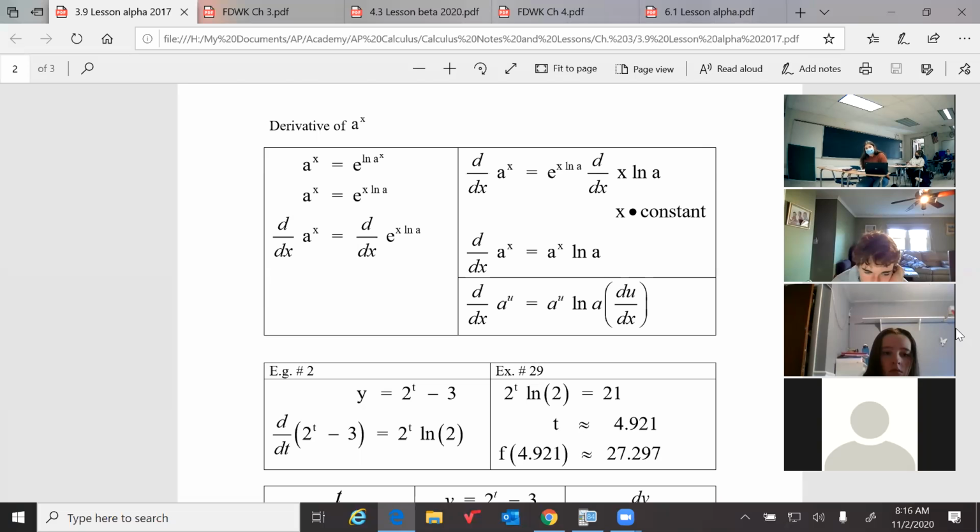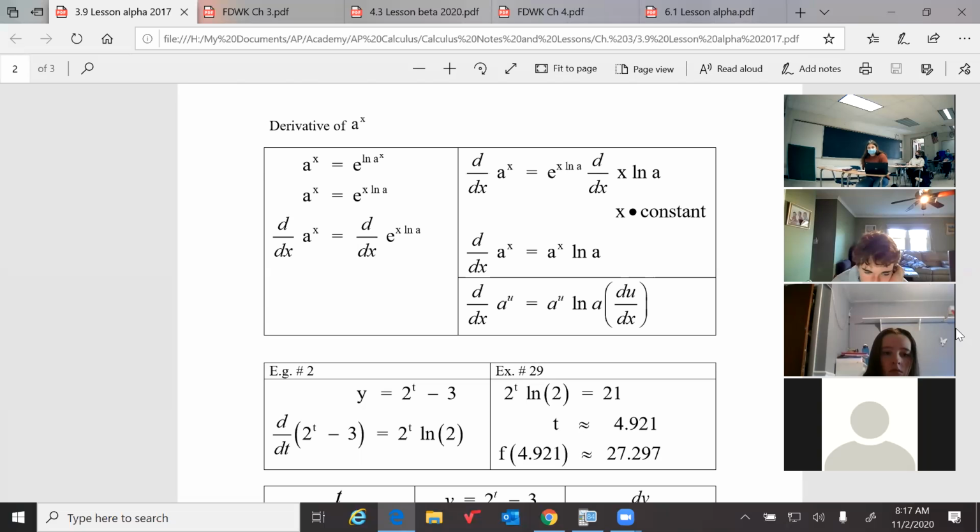Now we have this. So I take the derivative of each side. But what is this? This is the derivative on the right of e to the u. And the derivative is going to be itself times the derivative of the exponent. But ln a is a constant.